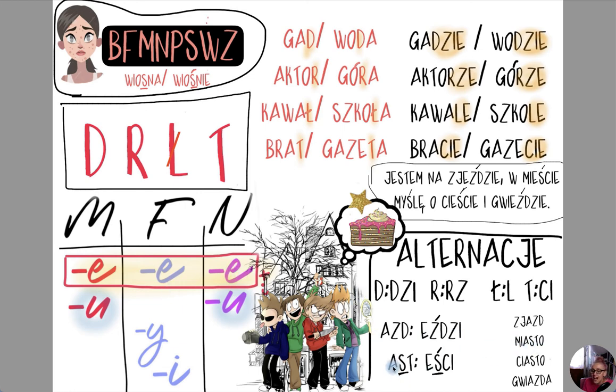Miasto becomes mieście, and ciasto, cieście, and gwiazda becomes, because we get azd, as you can see here, gwieździe. So even if you write it down on a piece of paper and circle the words that change, alternate, you will see it better.